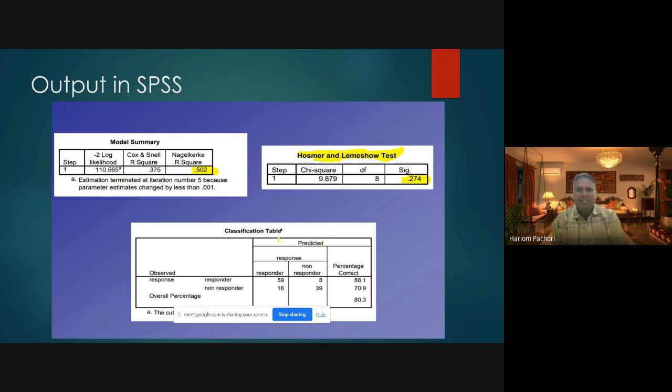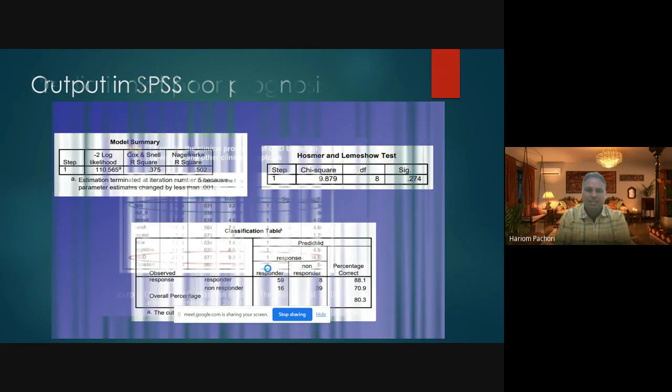And this is a 2x2 contingency table, and there we have discussed various things.